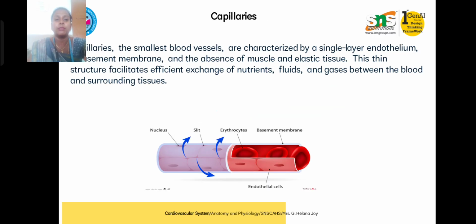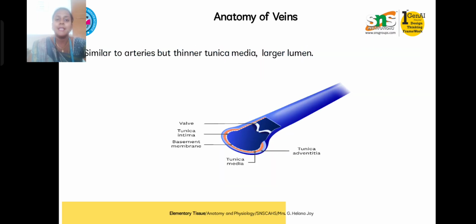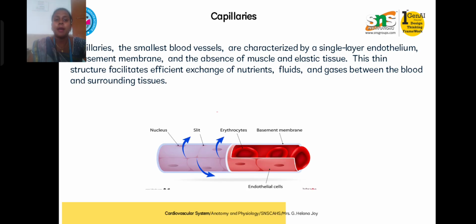And the anatomy of veins. Veins are similar to arteries, but their structure is thinner, with a thinner tunica media, and they have a large lumen. And capillaries.